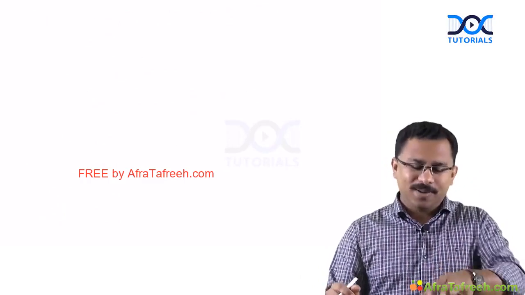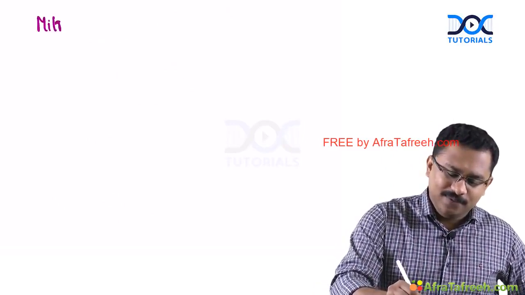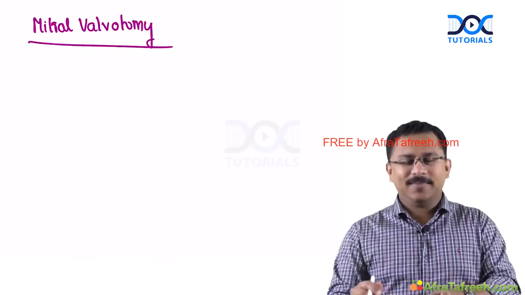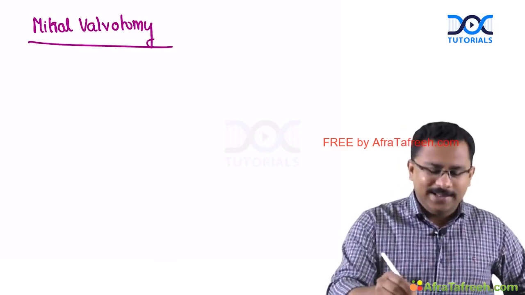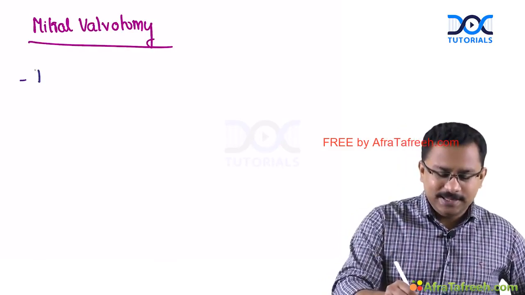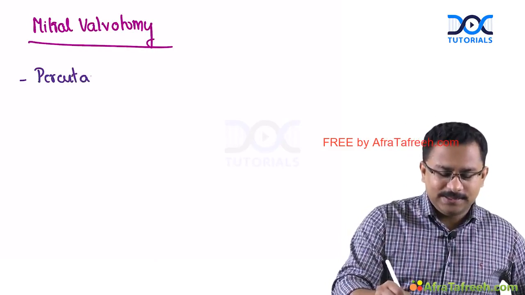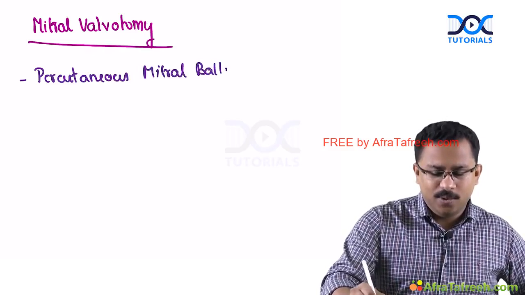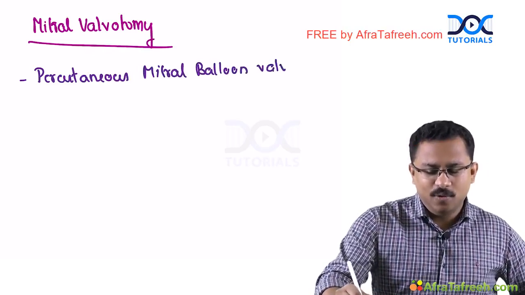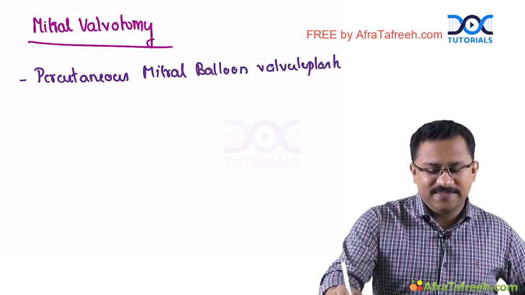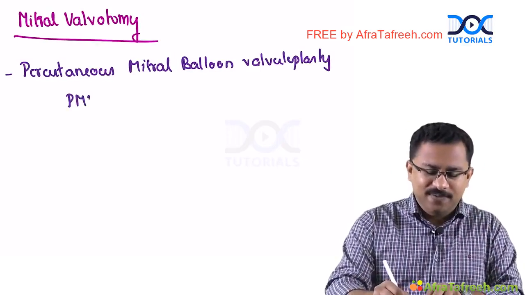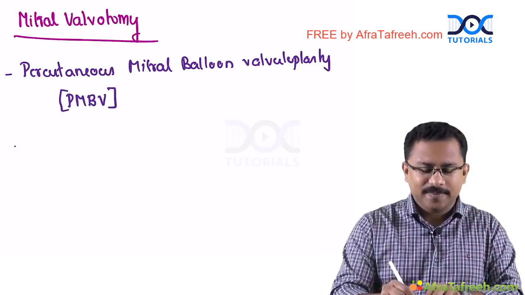Now coming to the valvotomy part, mitral valvotomy, okay. So for mitral valvotomy, you can either go for a percutaneous mitral balloon valvuloplasty, or you can say valvotomy or commissurotomy. So that is PMBV or PMBC as you can call it.